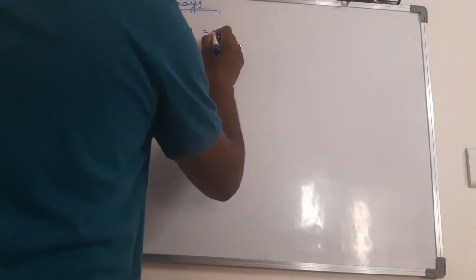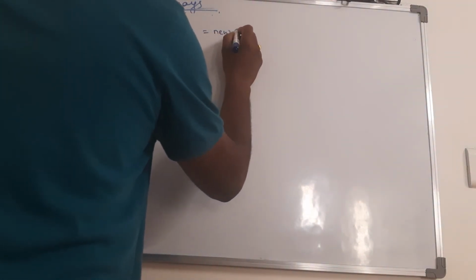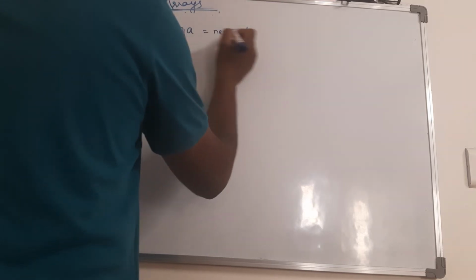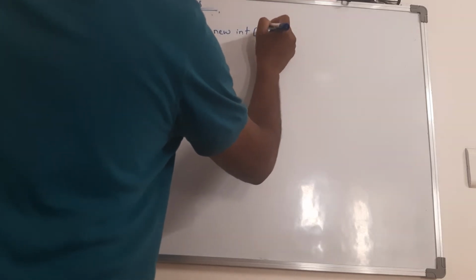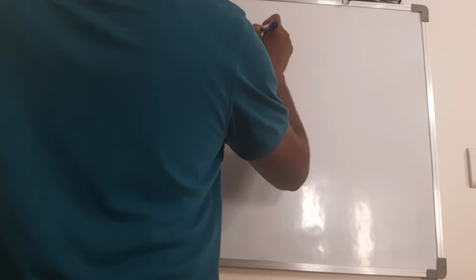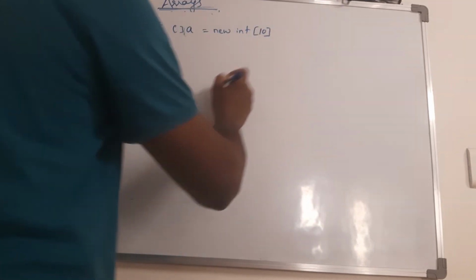If I want to declare the size, I'll create an object for the int and give the size 10. Now how many elements can I insert? 10 elements, 10 integer values I can store. Element or value, both are the same.